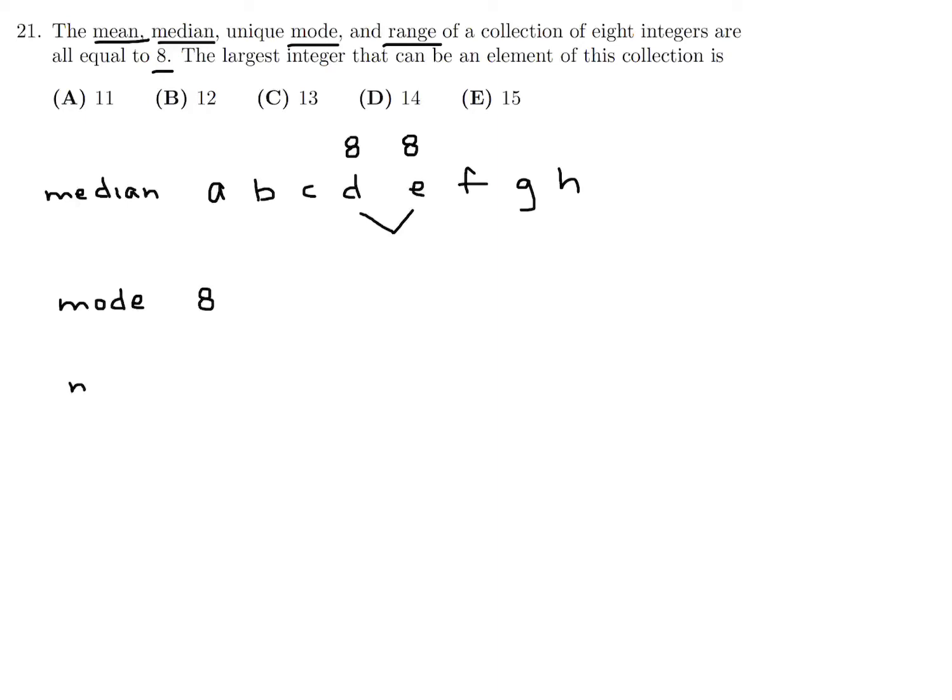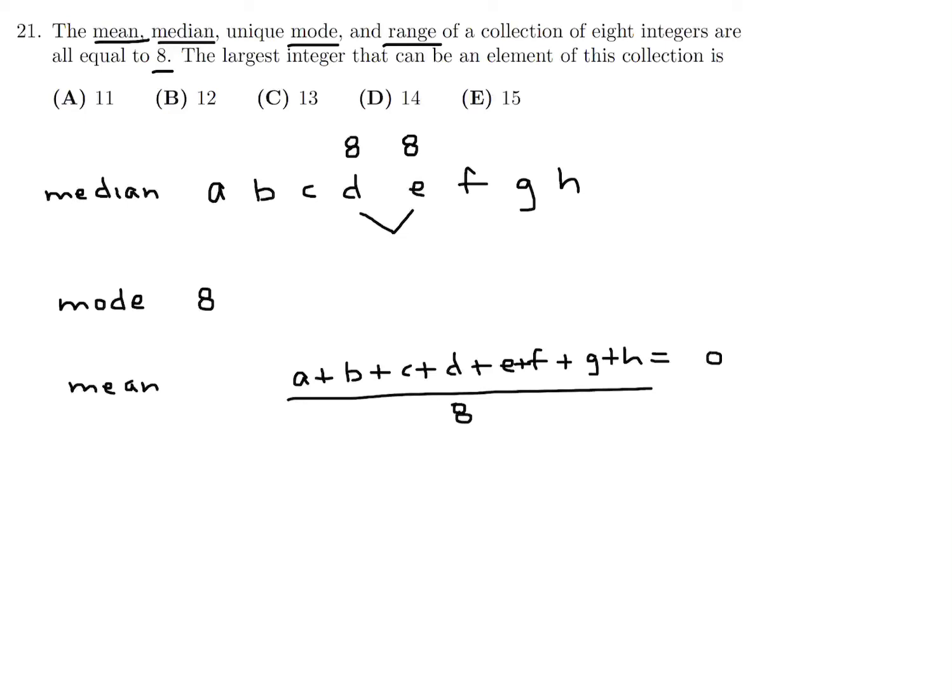But how about the mean? The mean is something that I hope will help us. A plus B plus C, all the way up to H, is equal to, if you take the mean, 8 times 8, which is 64.